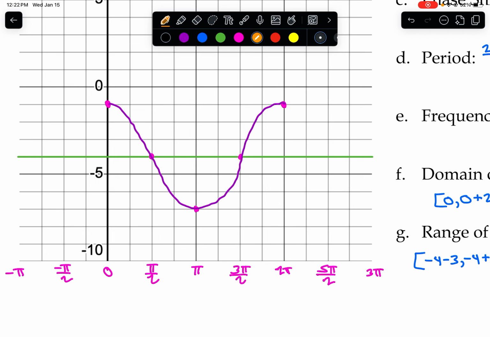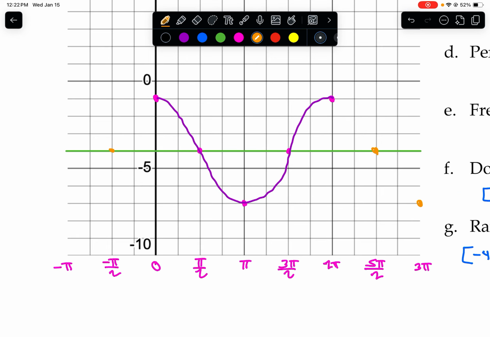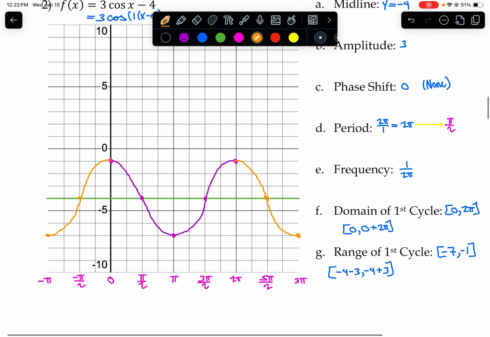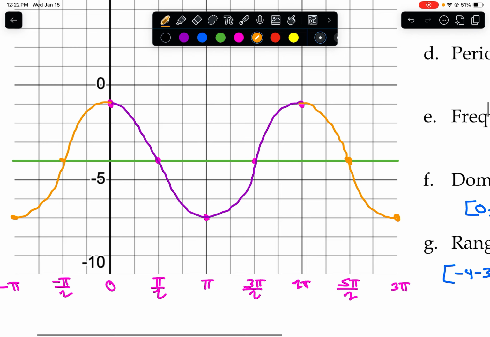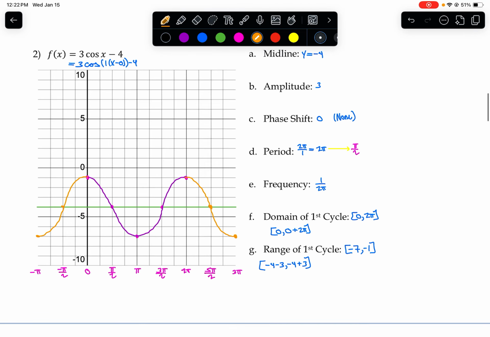But of course, me being who I am, I always want to do a little bit more. Counting is hard. There we go. So you got a better picture of what your graph looks like, but of course, we're just going to focus on what's in purple. All right, so there's your cosine function.